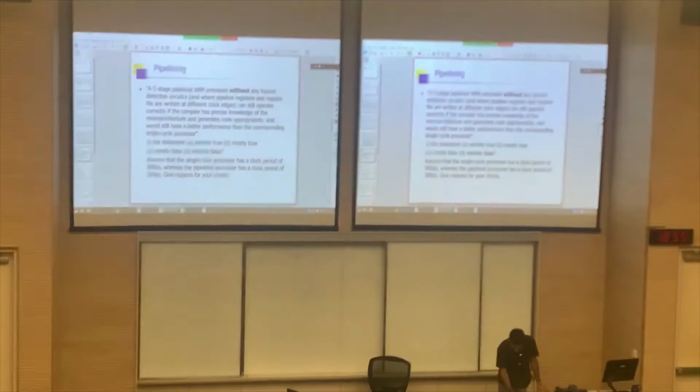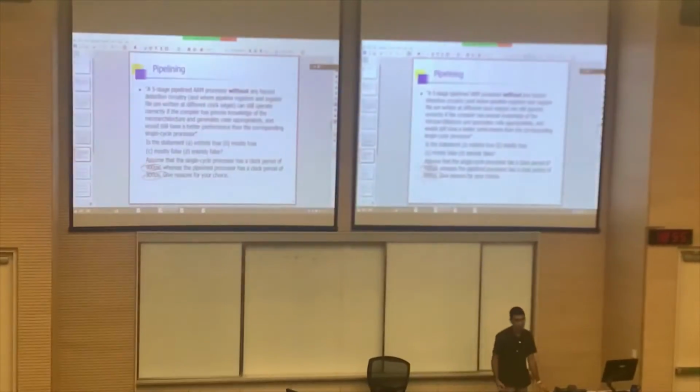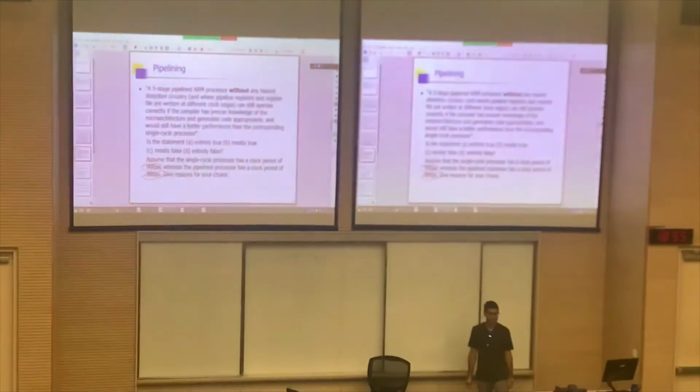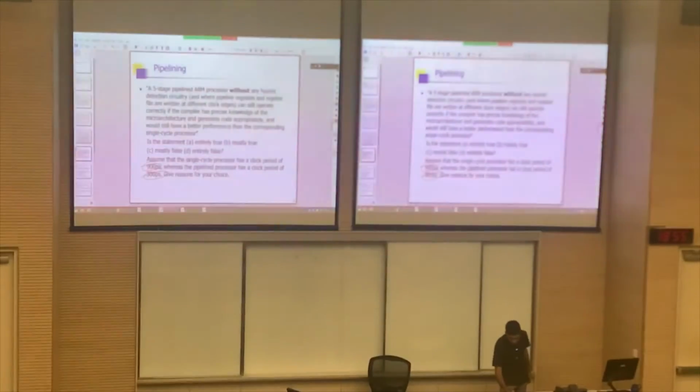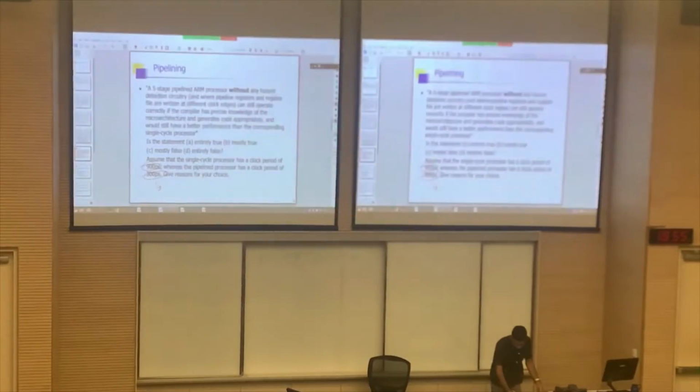You see, the clock period of your single cycle processor is 900. The clock period for your pipeline processor is 300, which means your pipeline processor runs 3 times faster. Your clock frequency is 3x. So, if 1 out of every 3 instructions in the pipeline processor is useful, then the two of them will have the exact same performance. Because for a single cycle processor, 1 instruction completes every 900 picoseconds.